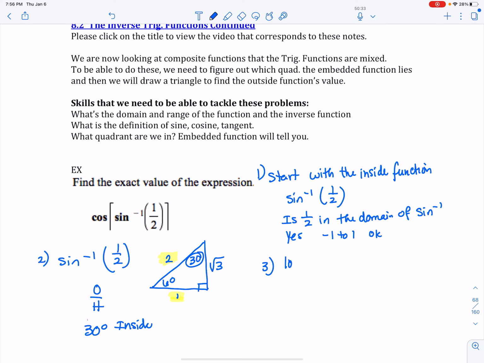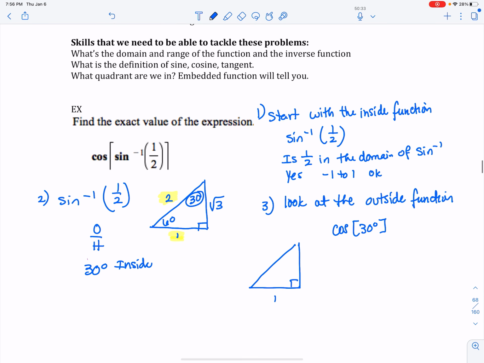Next, I have to look at the outside function. So the outside function is cosine. So now I'm actually looking for cosine of 30 degrees. So once again, you could have this memorized, you could rely upon drawing the triangle out, or you could rely on the unit circle.